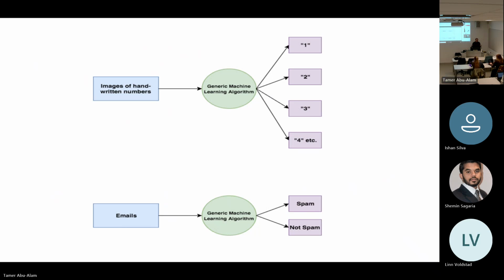It's a value. But when you are classifying the emails, you can classify them either as spam or not spam. So we have these two major types of supervised machine learning: regression or classification.